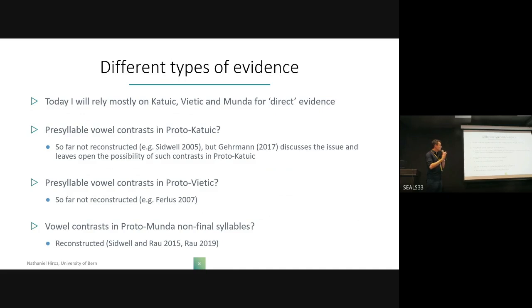Now, so far, presyllable vowel contrasts have not been reconstructed for Proto-Vedic, and also not for Proto-Kituic, although Ryan Garman discussed the issue a few years ago and kept the possibility open, basically, that Proto-Kituic had such contrasts. But we can probably reconstruct that for Munda.